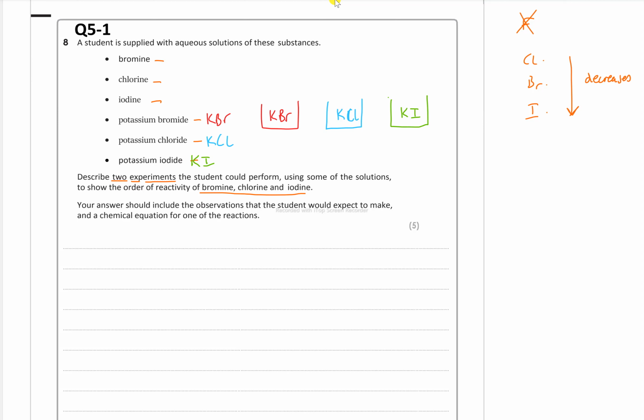Right. First of all, what we need to do is add bromine solution. So remember these are all aqueous.